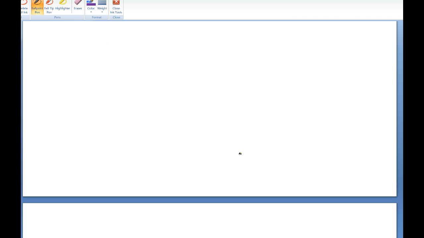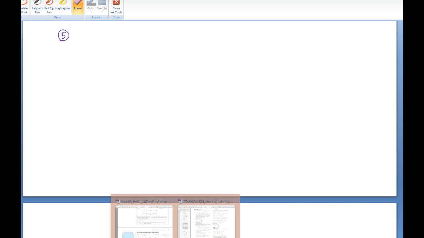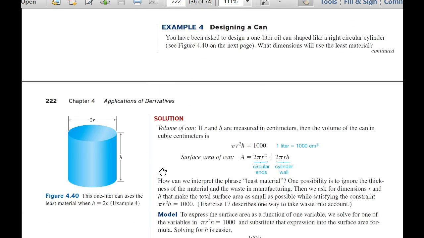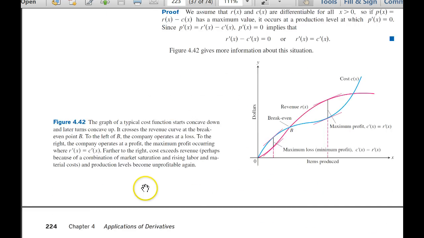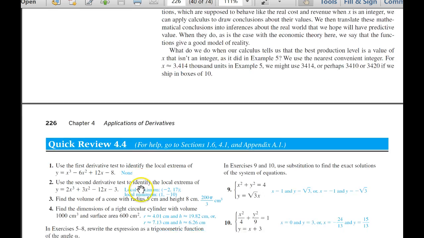Okay, the next one is number 5. So in number 5, we see an inscribed rectangle. Actually, let me just copy and paste from the book, and just make it easier when I have to do the problem.